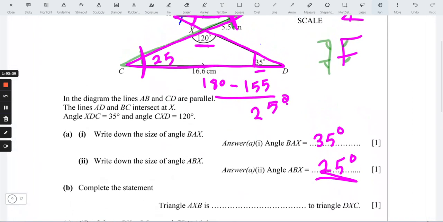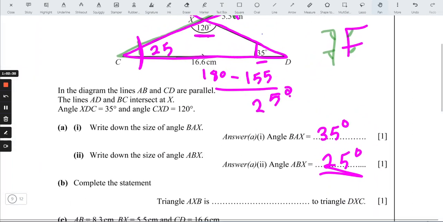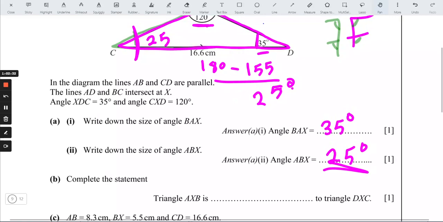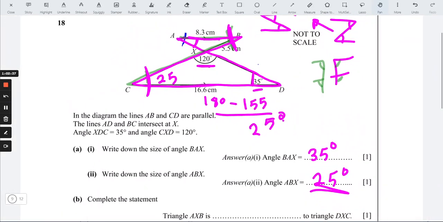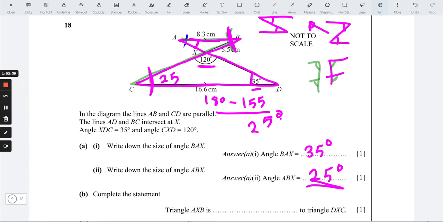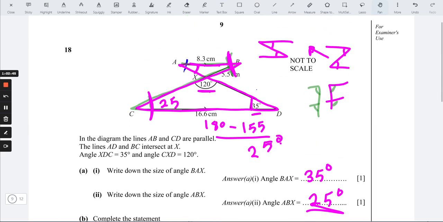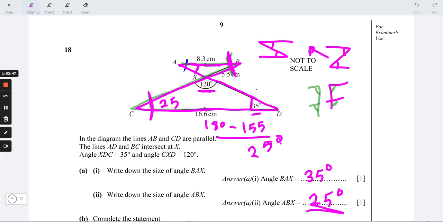Complete the statement: triangle AXB is to triangle DXC. As you can see, these are similar triangles. They have the same angles. From part A, we have 35 here and 35 here.